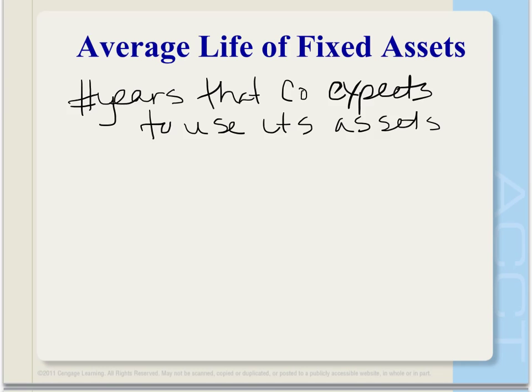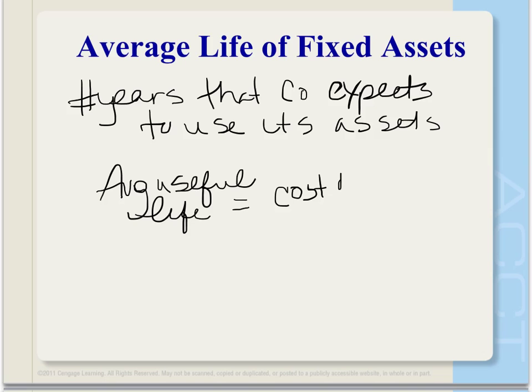It's calculated by taking the average useful life, so it's the average useful life equals cost of fixed assets divided by depreciation expense for the period.